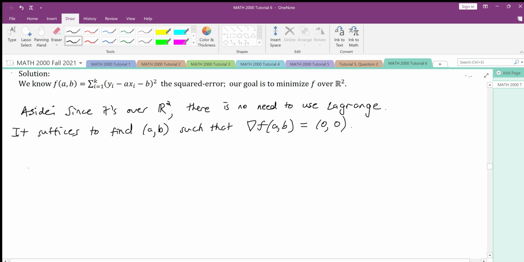So let's do that. For partial of f with respect to a equaling 0, that's the first thing we want. So that's saying 0 is equal to the sum from 1 to k of 2 (yi minus a xi minus b) times minus xi.